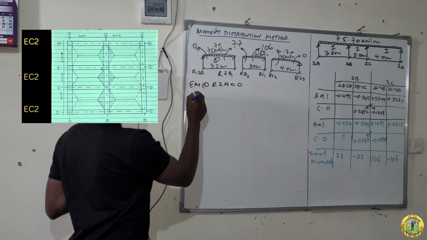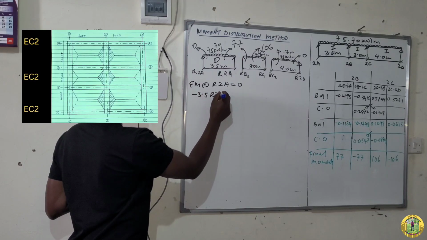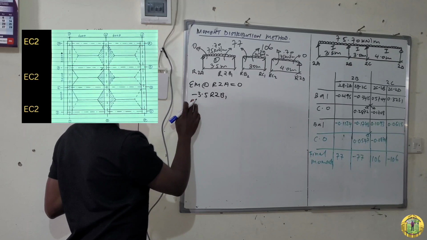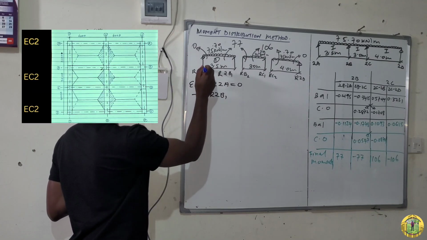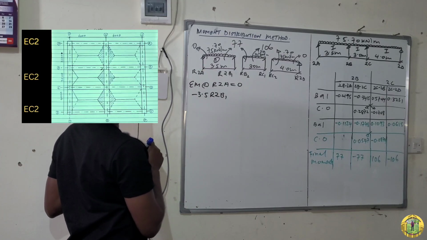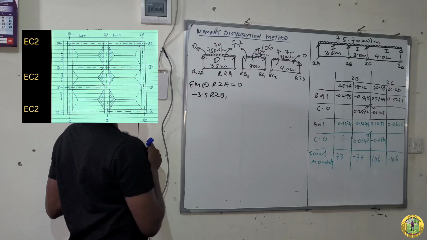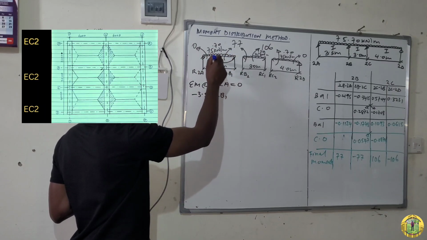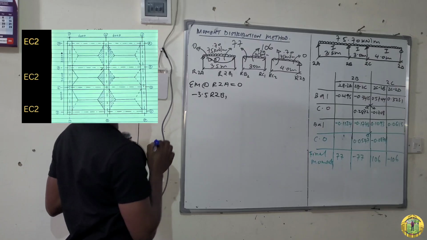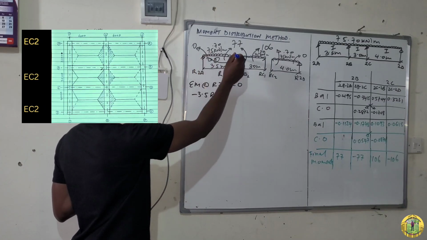So you take negative 3.5 R2B1. It is negative because it is moving in anti-clockwise direction in reference to this point. And then the distance from this point to this is 3.5. And then you come to the UDL. This is the UDL. As you can see, it is moving in clockwise direction because it starts here and ends here.